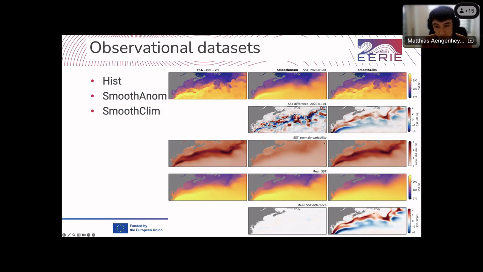So when we look at the standard deviation of the SST anomalies, you see a strong anomaly standard deviation in the observed, unfiltered field and also with smooth fronts, because we maintain the eddy structures there, but it's strongly reduced when we've smoothed over the eddies.